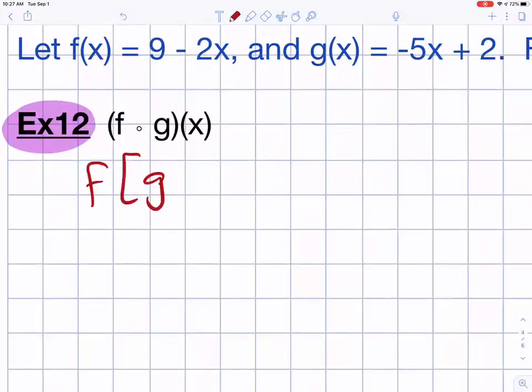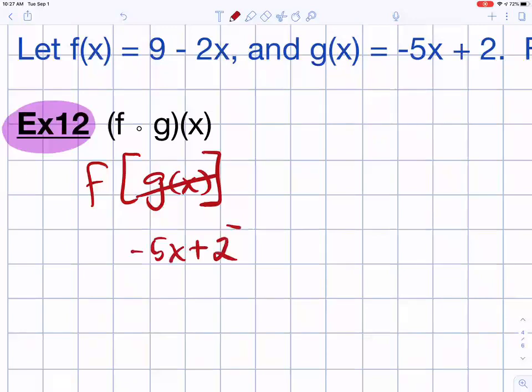F of G of X, good. What's the piece I know? Start on the inside. I actually don't know x, but it's g of x that I do know. So let's take out the g of x. What does g of x get replaced with?